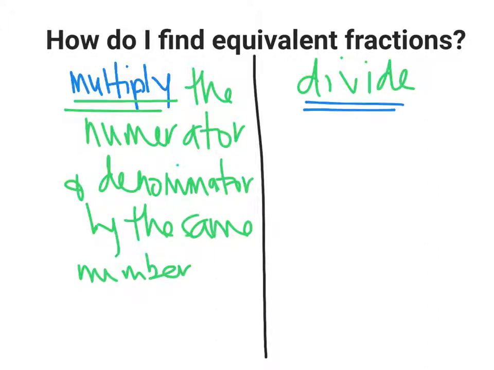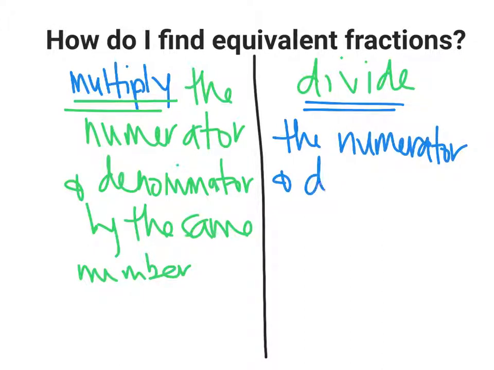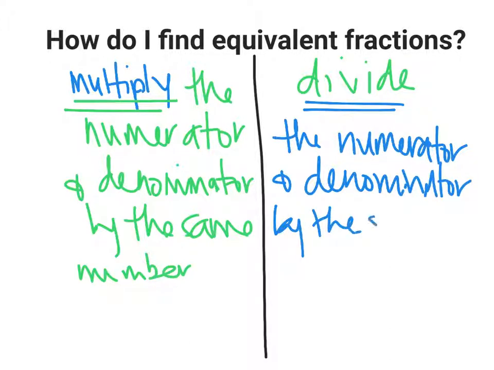When it comes to division, it's a little more particular, a little more exact, because you have to look for a number that goes into both your numerator and denominator. It has to be a number that can be divided into the top number and the bottom number. So when you're dividing, you have to divide the numerator and the denominator by the same number.